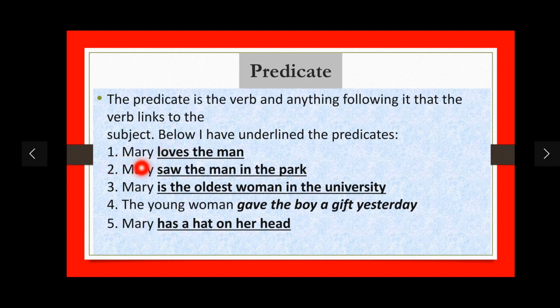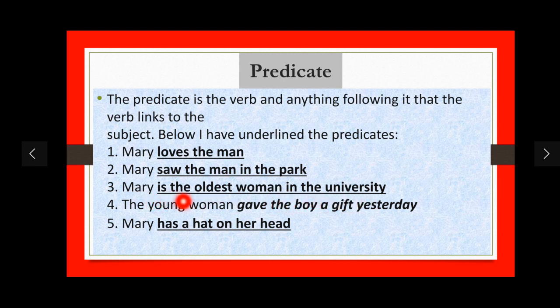You can say that a predicate can be a single word or a predicate can be more than one word. Mary saw the man in the park. So saw the man in the park, all this is called predicate: a verb and the man in the park, other elements which are linked with the verb. Mary is the oldest woman in the university.